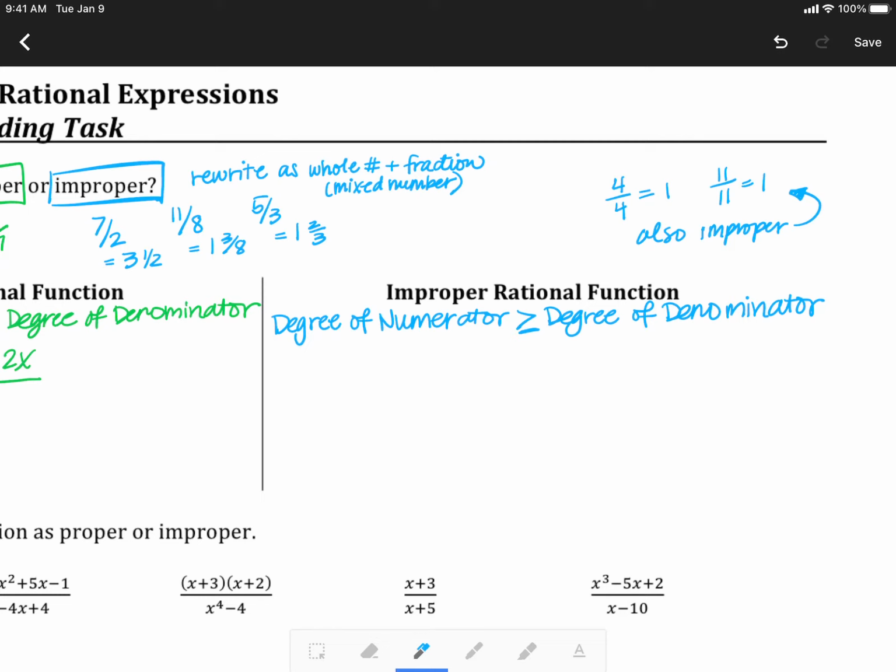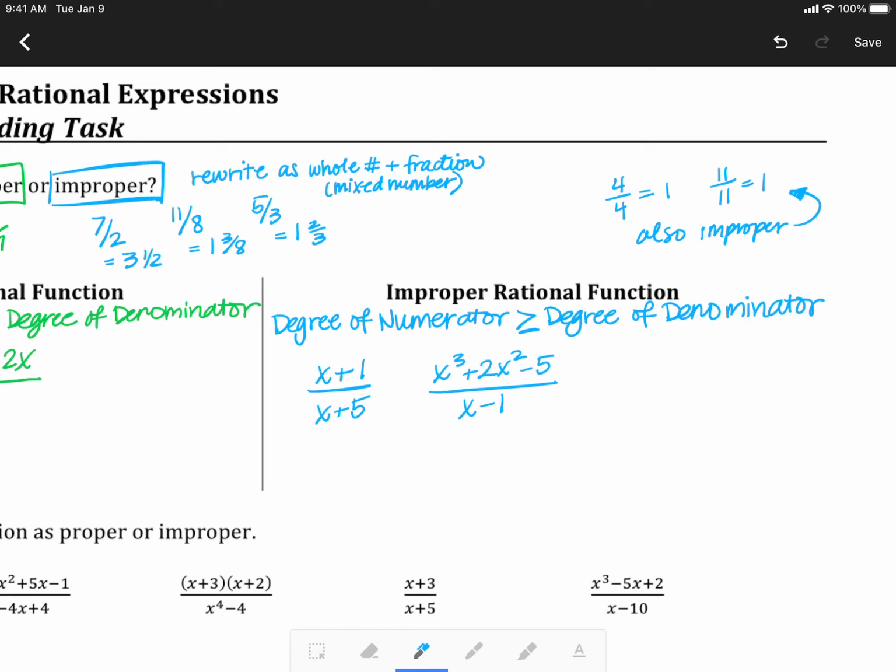So let's write some examples. If my numerator is x plus 1, my denominator could also be a first degree x plus 5. That would be improper. If my numerator is x cubed plus 2x squared minus 5, my denominator just has to be either equal to or less than x cubed. So let's say it's just an x minus 1.